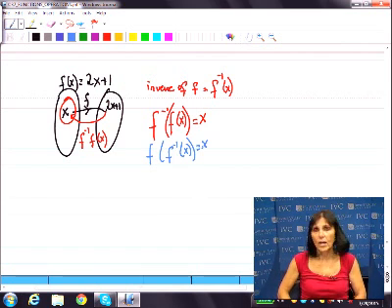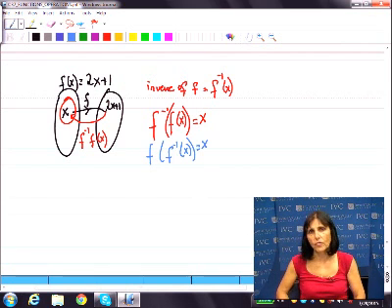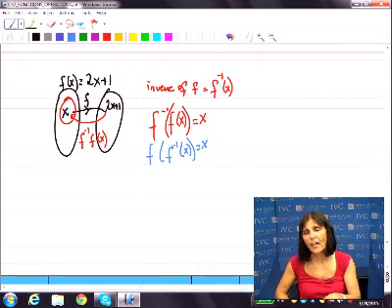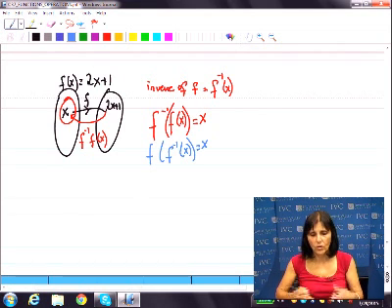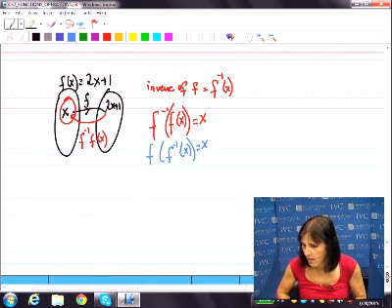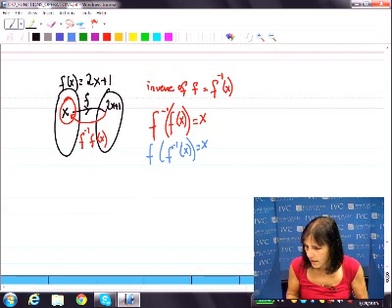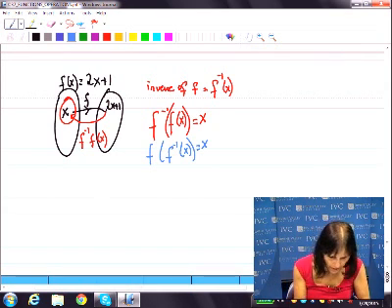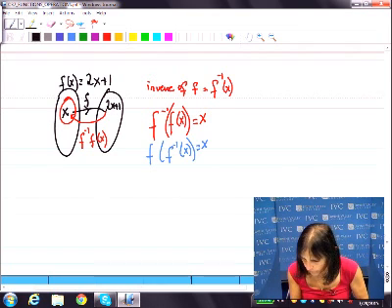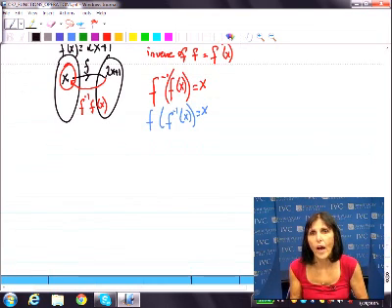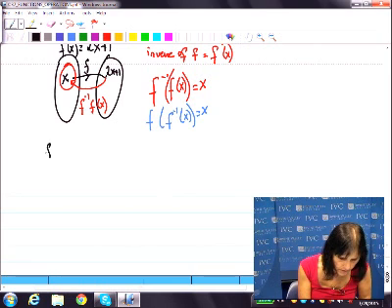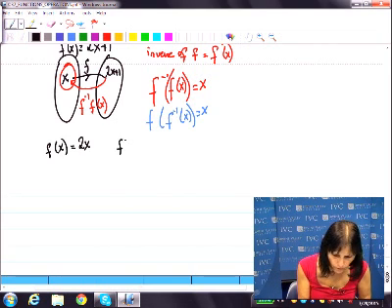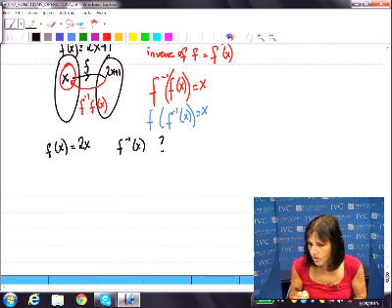Somebody asks you, is this function the inverse of the other function? You just have to check that. If that doesn't work either way, then it isn't. So the other thing is, let's say they're asking me to find the inverse of this guy. What is its inverse? All right, this is how you do it.